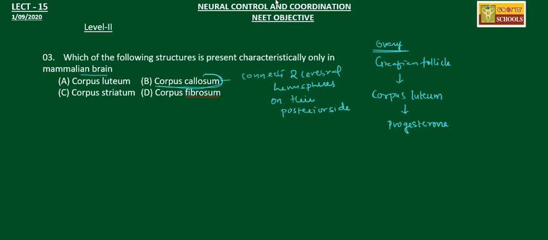Then coming to corpus striatum. A corpus striatum is a nucleus in the forebrain. Nuclei are structures that will be present deep in the forebrain.